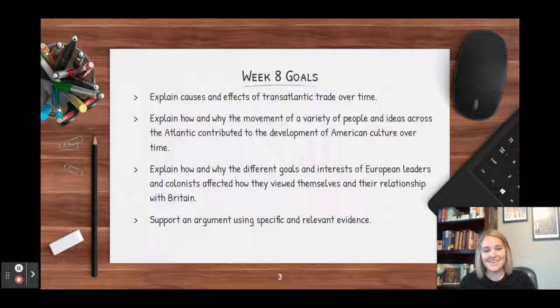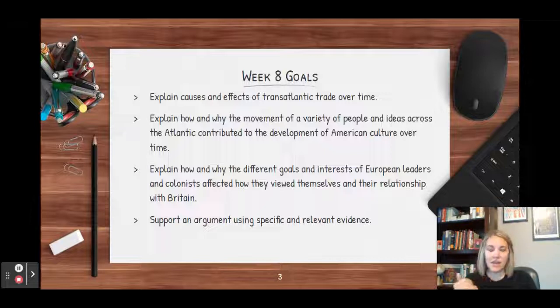We're looking at how the movement of people and ideas, that's key here, ideas contributed to the development of an American culture, and then how different goals and interests of European leaders affected how they viewed themselves and the relationship with Britain. So as we near the end of Unit 2, as we get closer to 1754, we are going to start seeing a bit of a shift in the way that the colonists view themselves and the British.